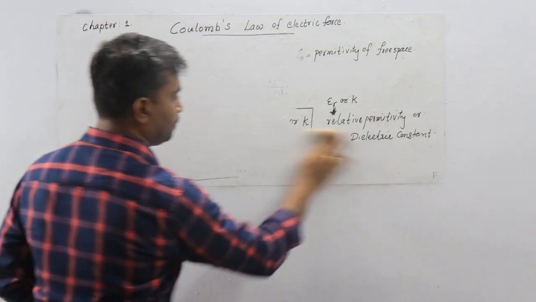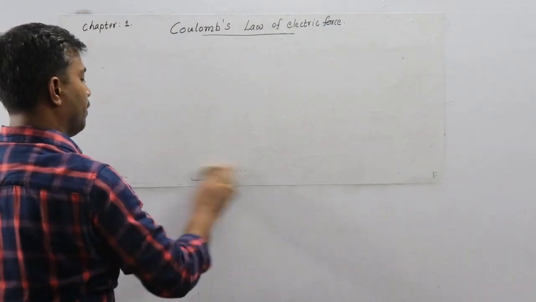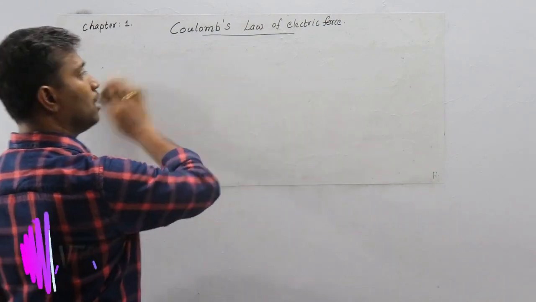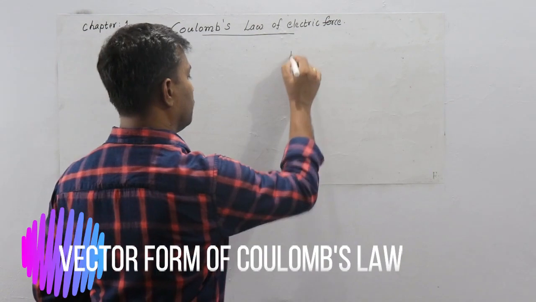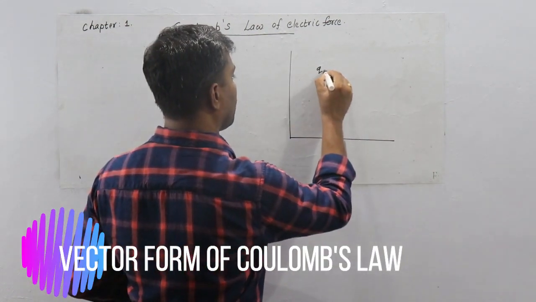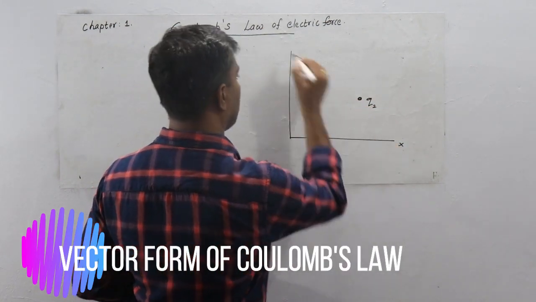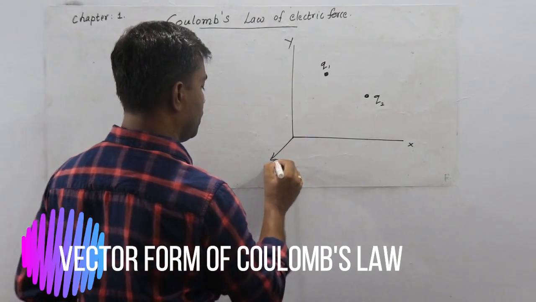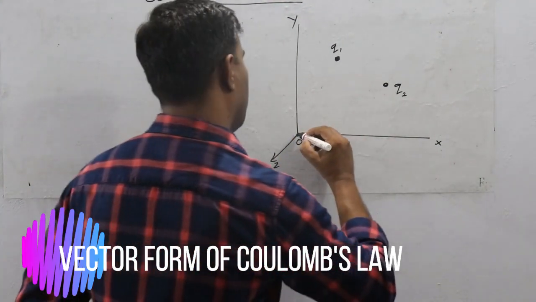We are going to discuss how we can represent Coulomb's law of force in vector form. So we consider two charges, Q1 and Q2, placed in a coordinate system X, Y, Z. This is the origin, and we draw the position vectors.